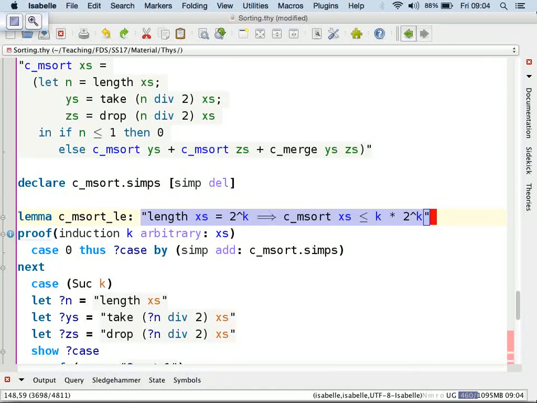This is the simplest version. And I'm also avoiding logarithms by using 2 to the k. So here it says if the length of the list is 2 to the k, then the comparisons when sorting that list with merge sort is less or equal k times 2 to the k.